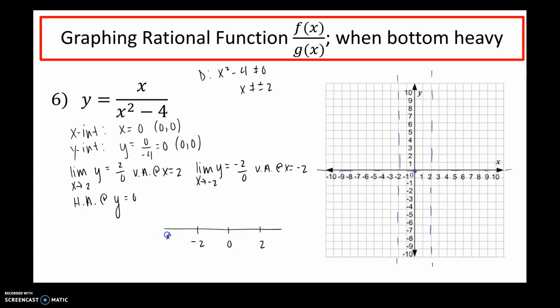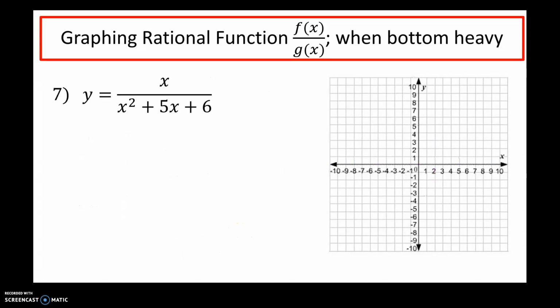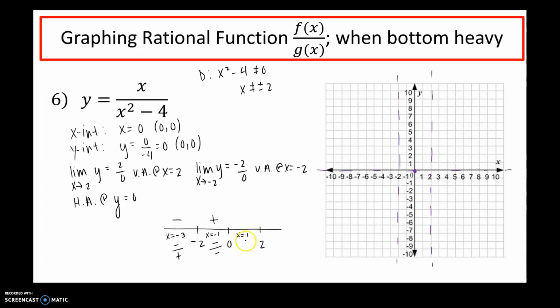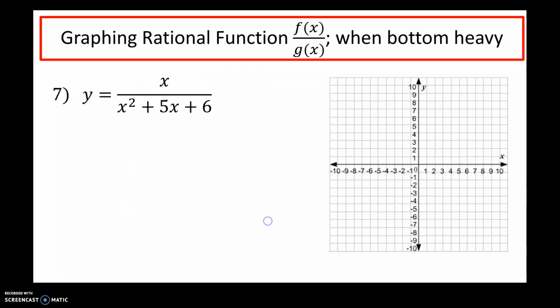All right, if x equals negative 3, negative numerator over positive denominator, therefore making my graph below the x-axis. If I plug in negative 1, negative numerator, negative denominator, therefore makes my graph above the x-axis. X is equal to positive 1. I get a positive over a negative denominator, so I'm back below the x-axis. And then any number bigger than 2 would be a positive over a positive.